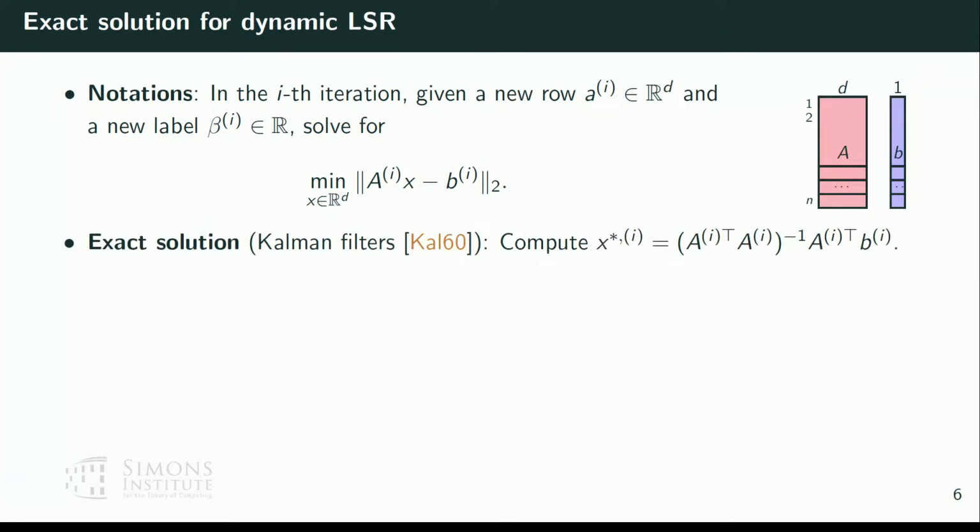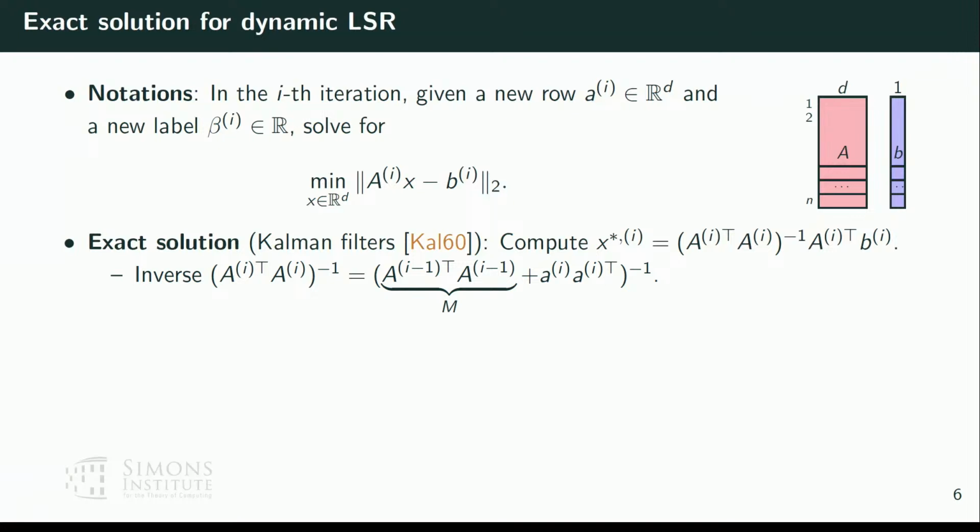Okay, and I first wanted to cover the exact solution because our algorithm will also use this in some way. The exact solution just computes the normal equation exactly in each iteration. And the hardest bottleneck to update this normal equation is to update the inverse. If we do it naively, it would take d to the omega time to compute the inverse.